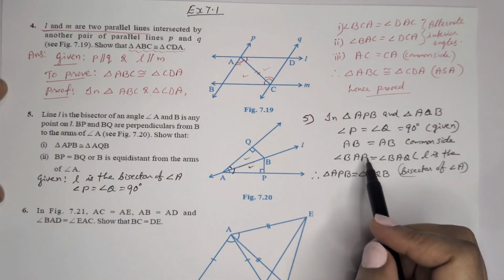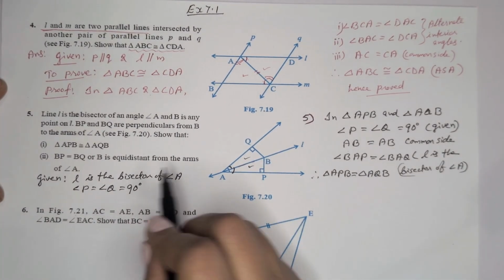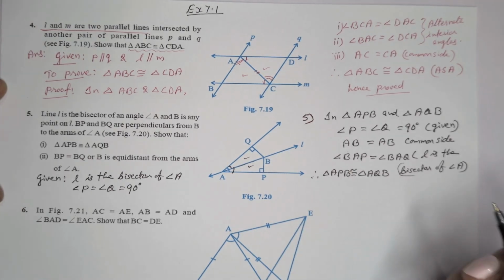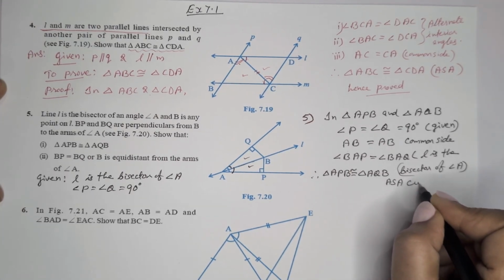So by these three conditions we can write these two triangles are congruent by ASA criteria.